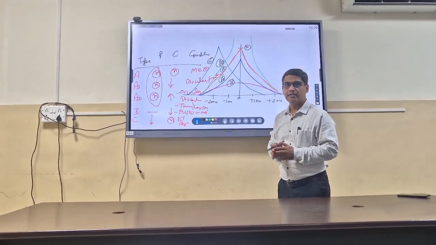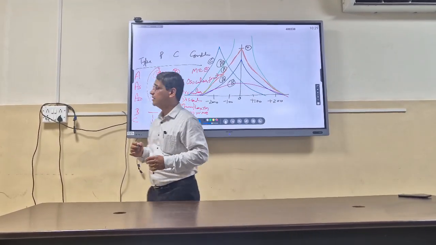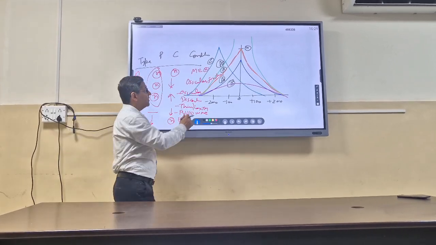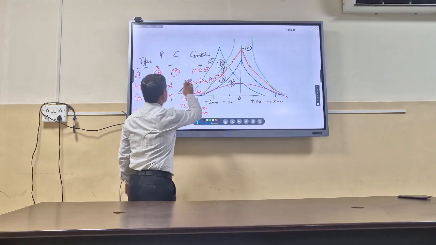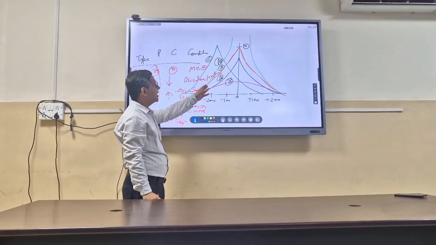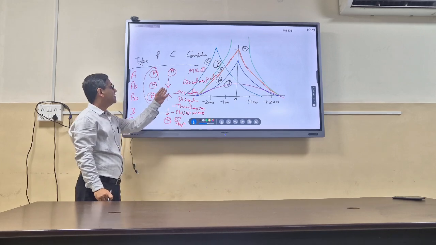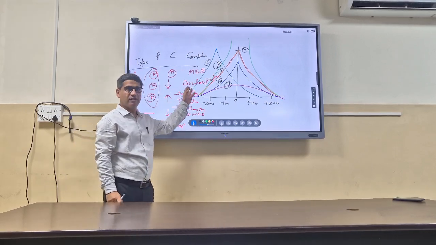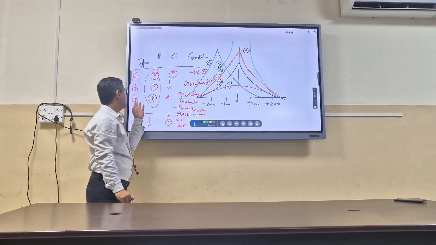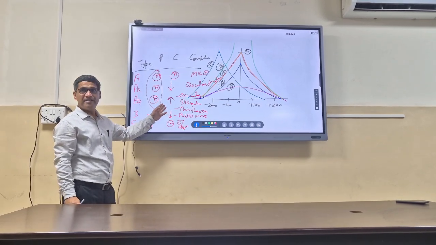Is it clear? So just to recapitulate, there are 5 types of graphs that we get in impedance. Type A graph, which means pressure is normal, compliance is normal, it means normal middle ear. Type AS, where the compliance decreases but the pressure is normal, it is seen in ossicular fixation like otosclerosis. Type AD, green color, where here also the pressure is normal but the compliance is increased.